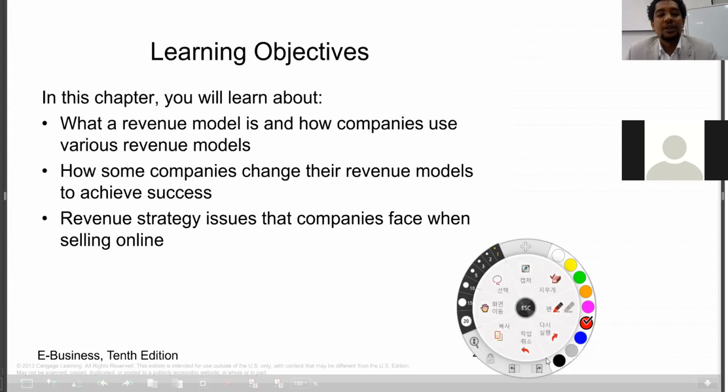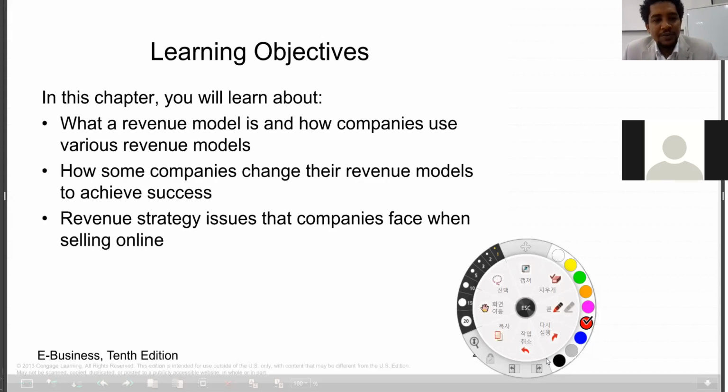But you must have your revenue model, because that is how you decide to generate money, right? So there are different revenue models and how companies use these various revenue models.